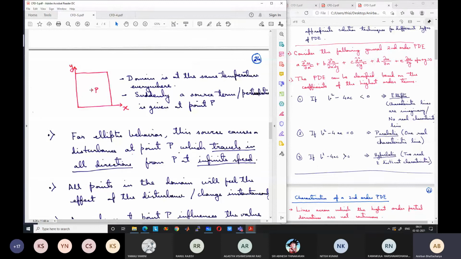So we have introduced some disturbance or fluctuation or perturbation or a source term at some point. In that case, what will happen in the steady state solution? What do you expect? Say this point P is at the center.